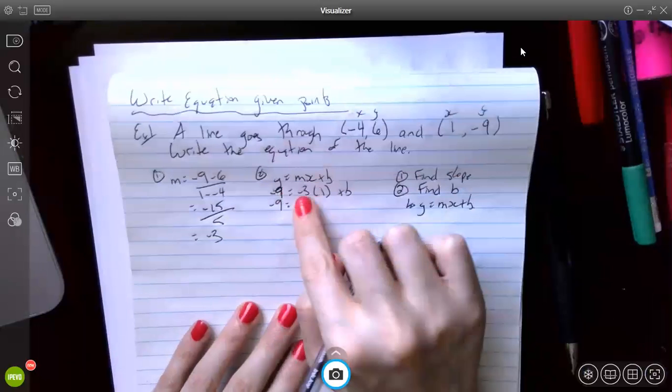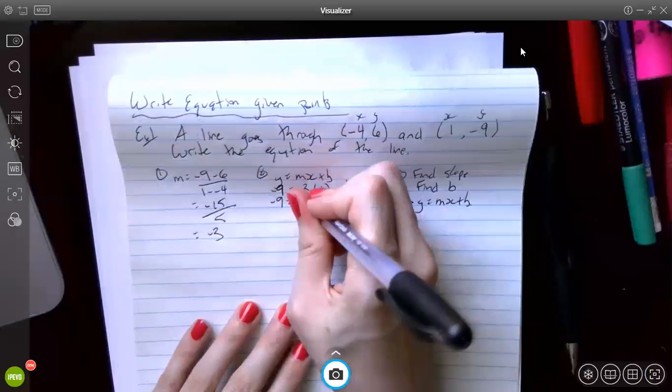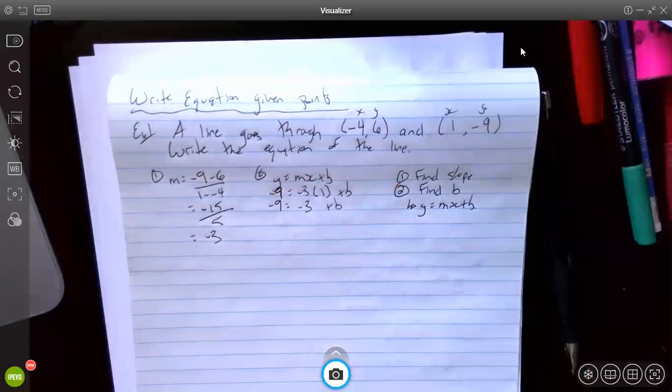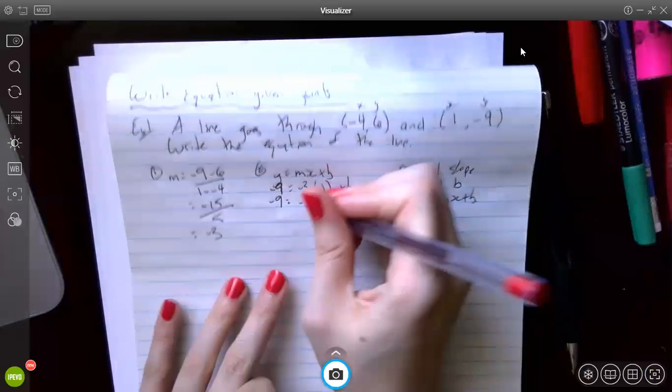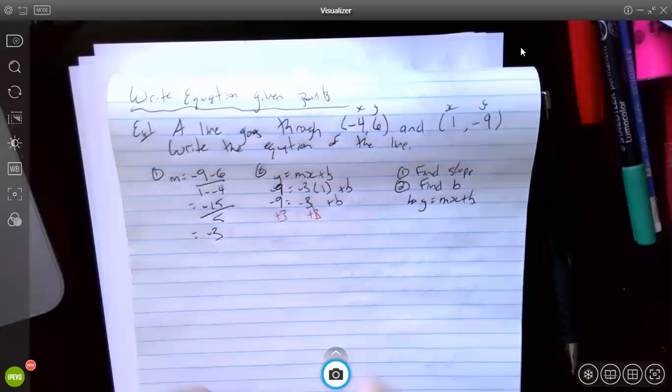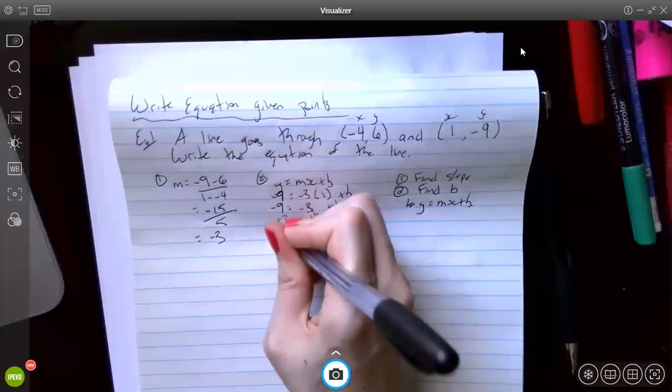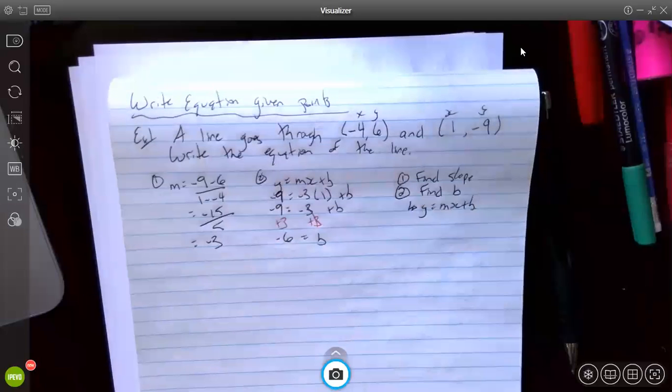So -3 times 1 is -3. And then I just have to move that -3 to the other side to get my b by itself. And I do that by just adding 3. -9 plus 3 is -6. So that is my b value.